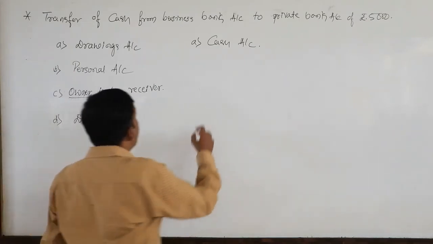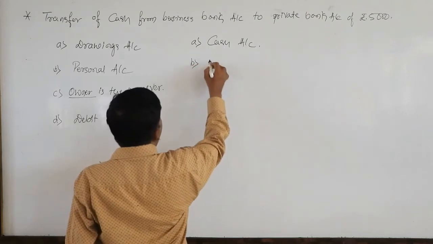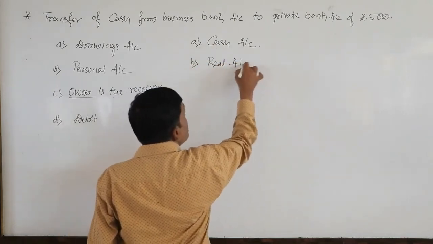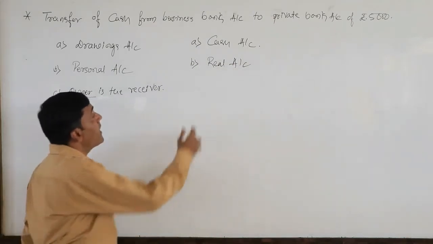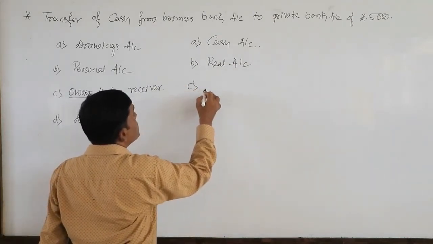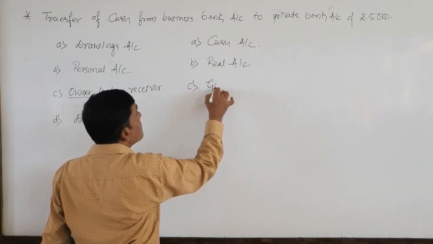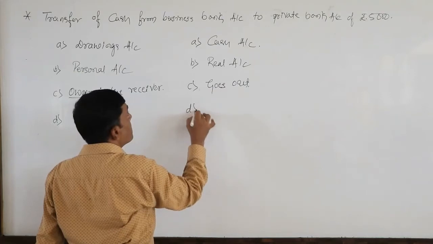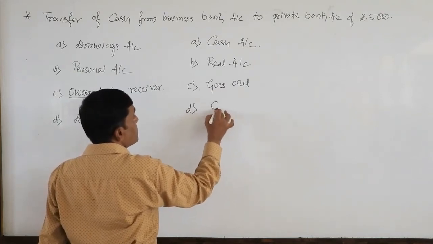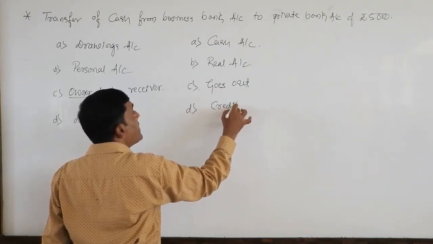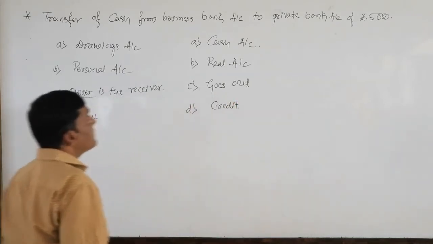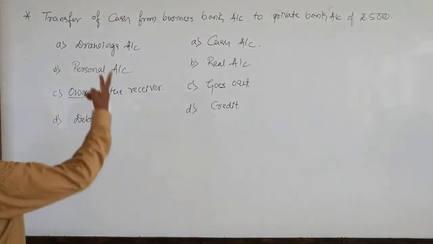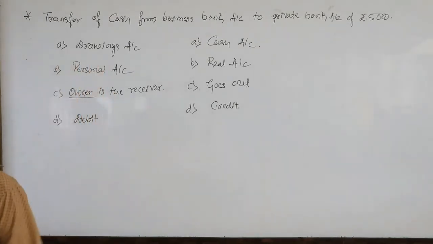Come to point number B, cash. It is a thing which comes under a real account. As per the real account, here the cash goes out, so now cash is to be credited.